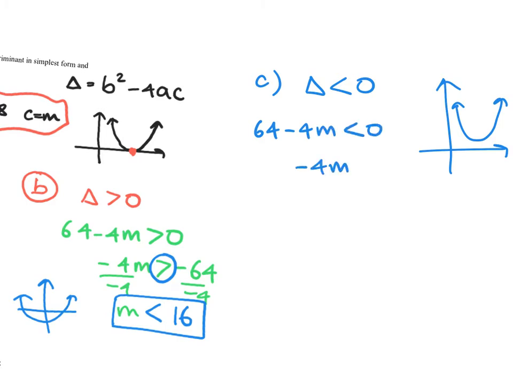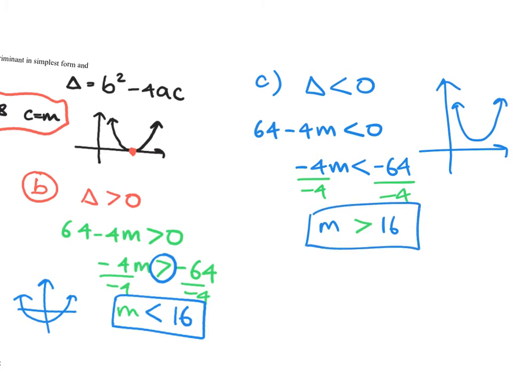Similar procedure: move 64 to the other side, becomes negative 64. Now we want to get rid of negative 4, so divide both sides by negative 4. Because we're dividing by a negative number, the inequality sign has to change to the opposite, and we end up with m bigger than 16. So in order to have imaginary solutions or no real solutions, m has to be bigger than 16.